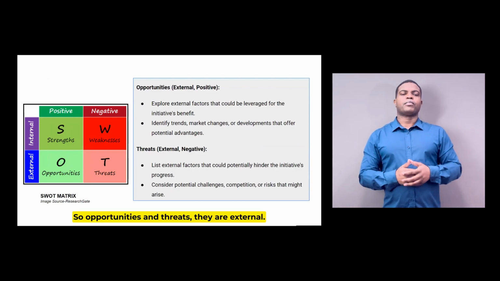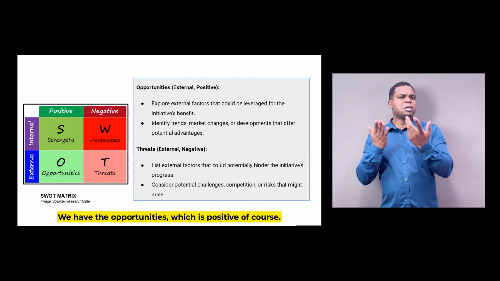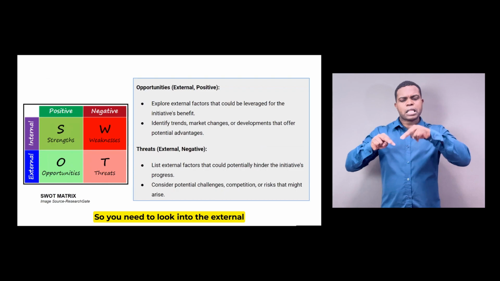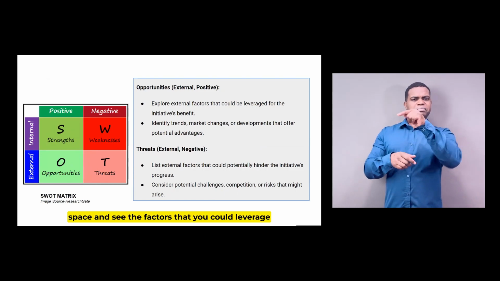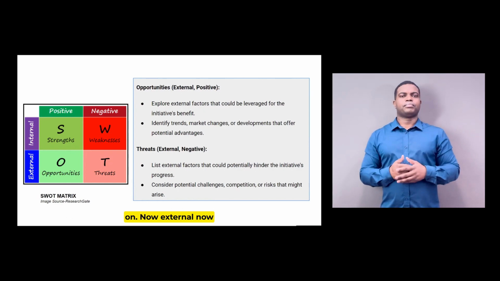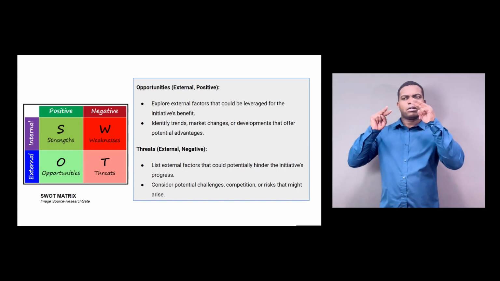So opportunities and threats, they are external. We have the opportunities, which is positive, of course. So you need to look into the external space and see the factors that you could leverage on. External in the sense that you can look into the community.